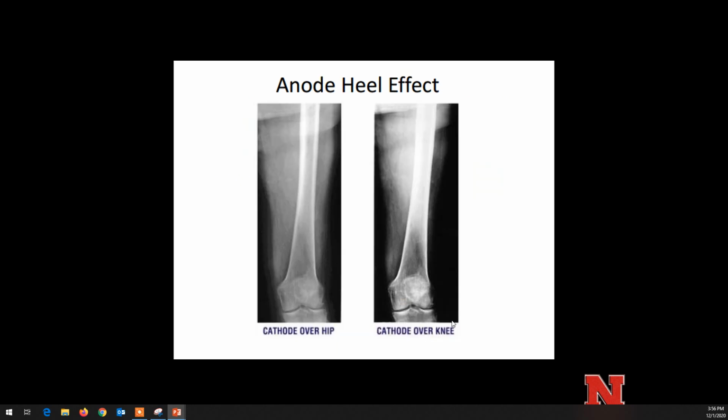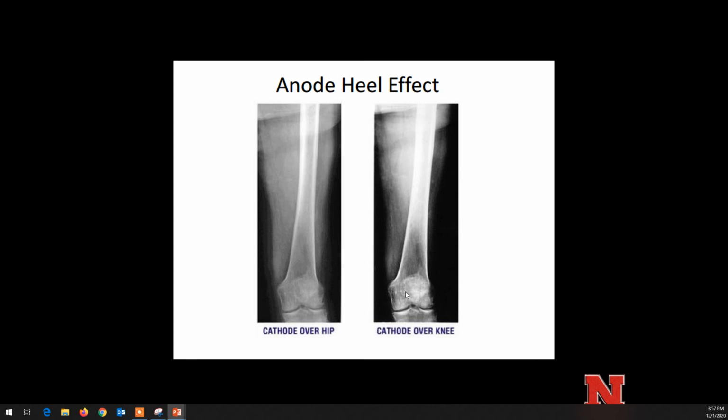So what you can do is if you put the cathode over the hip here, you have a nice uniform image. The hip is thicker than the knee. So the cathode has a higher intensity beam over the thicker part, which creates a more uniform appearance. If you put the cathode over the knee, you get over-penetration here.